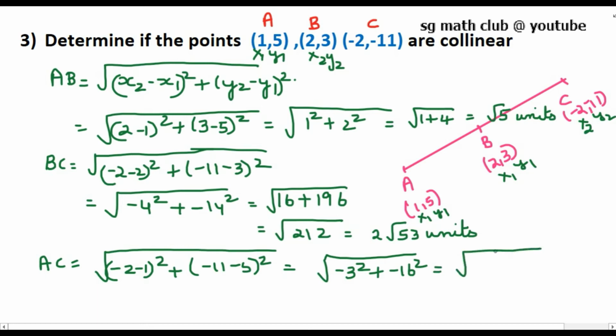So I have 9 plus 256, which is 265, and when I do that, I am getting 5 root 53 units.